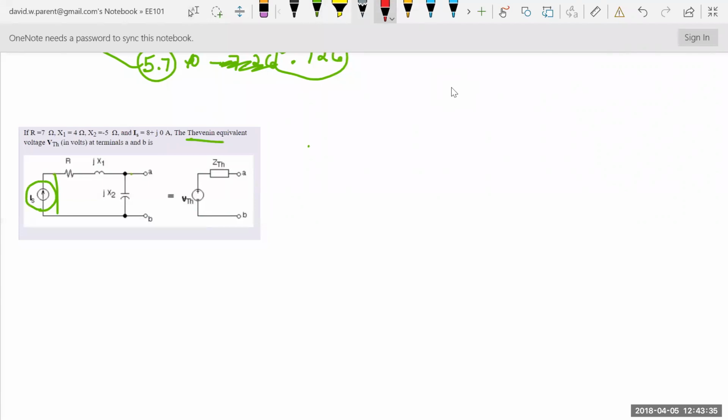But that's not the case. To set that current equal to 0, you take it out. You put in your test current, and this is infinite resistance, so no current flows in that branch.